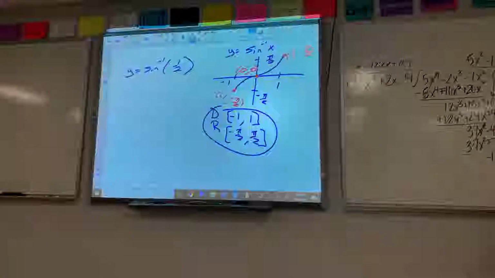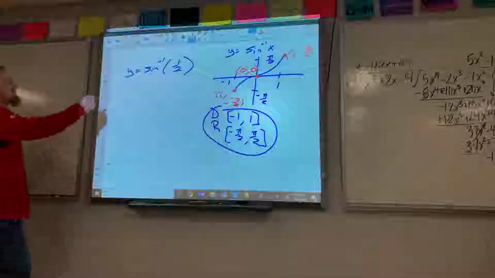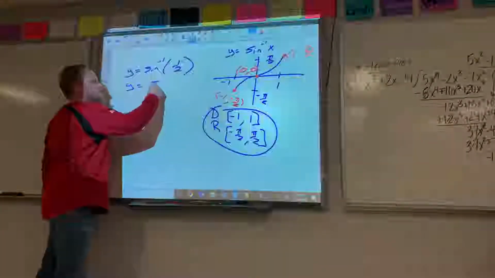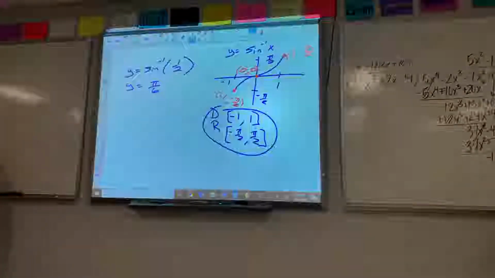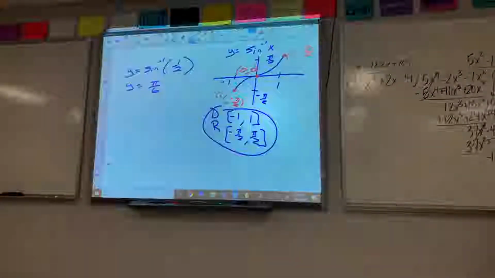What do you got? Pi over 6. My answer is pi over 6. All right, how'd you get pi over 6? Because it matches up with 1/2 on sine. So I went and found sine, I went and found 1/2, I found that match, and then whatever that angle is, that's my answer. How do we feel about that? Okay, you're just pretty much playing the matching game.